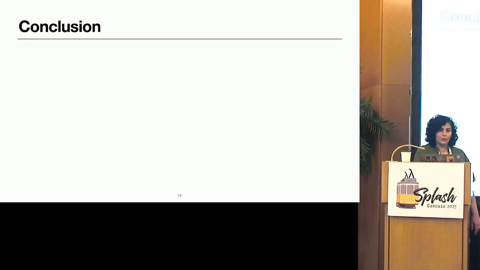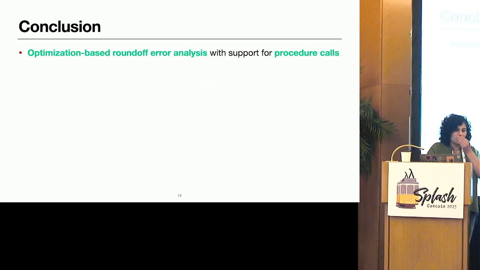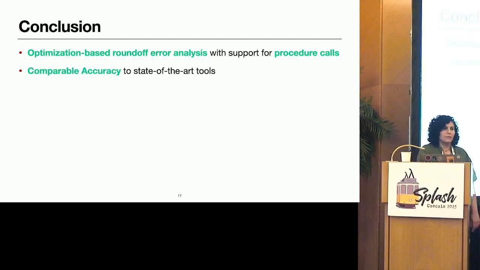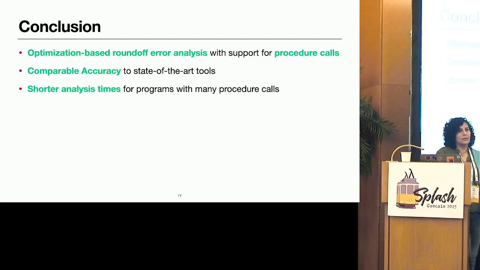So to conclude, we have shown how to extend the optimization round-off error analysis approach with support for procedure calls, and in our evaluation, we have shown an interesting trade-off between the performance and accuracy, and we have shown that our analysis is able to produce shorter runtimes.